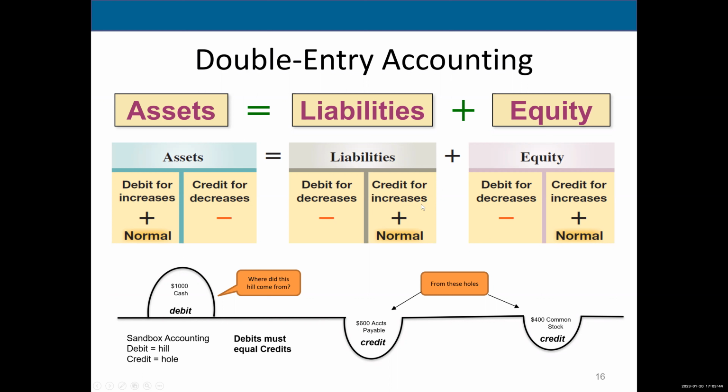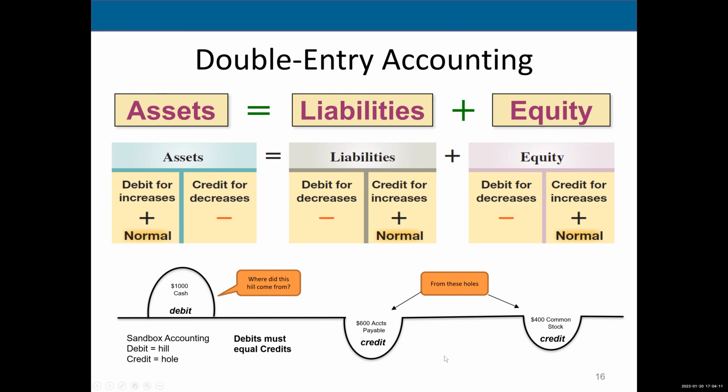Liabilities are increased with a credit. Equity is increased with a credit. And you might ask yourself, what do they mean here by normal? They're just saying that the normal balance is the side that it increases on. So the normal balance of an asset is a debit. The normal balance of a liability is a credit.